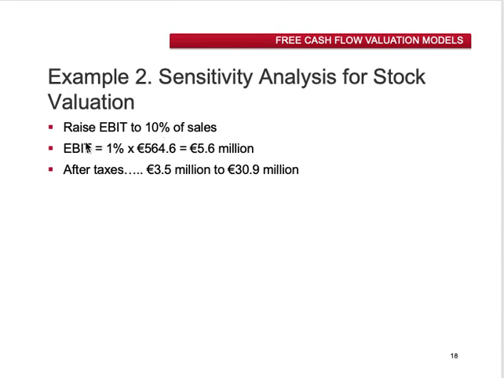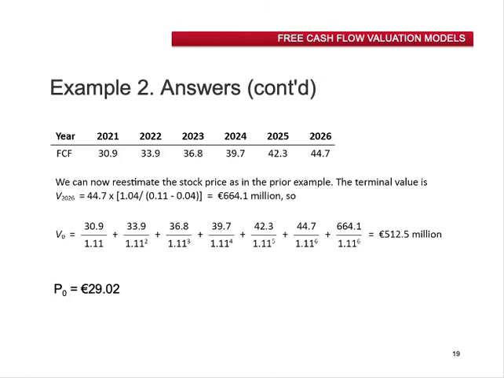I have given you a hint because the EBIT is going to increase in the first year with 5.6 million. And the after-tax cash flow is going to increase with 3.5 million to 30.9 million. Good luck. Let's have a look at the answers of example 2.